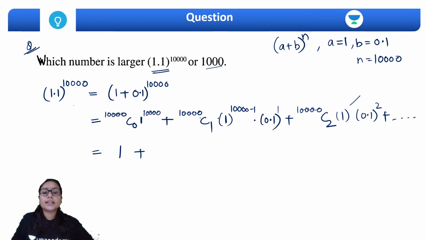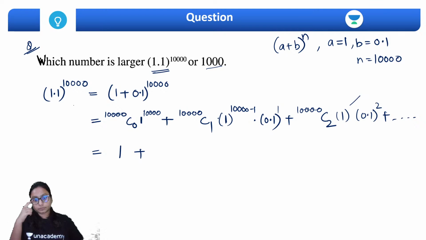Now please tell me what is the value of 10,000 C1. Quickly answer. Okay, let's see.